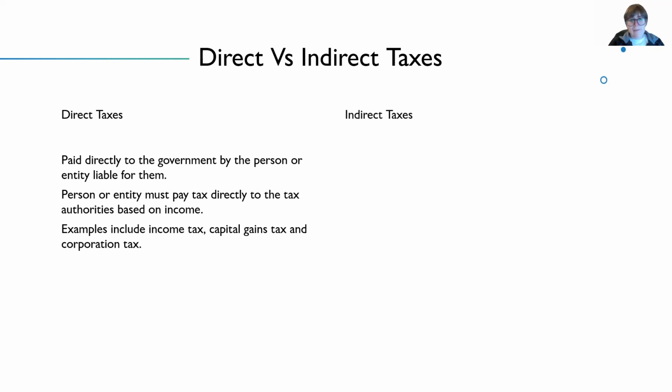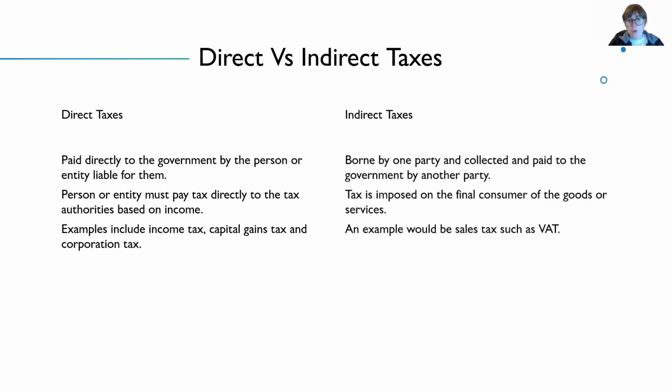Contrary, we have indirect tax, and this is simply when it's borne by one party and it will be collected and paid to the government by another party. So a good example of this is VAT. We go to the supermarket, we buy a can of Coke or whatever it may be, we pay the 60 pence to Tesco's.